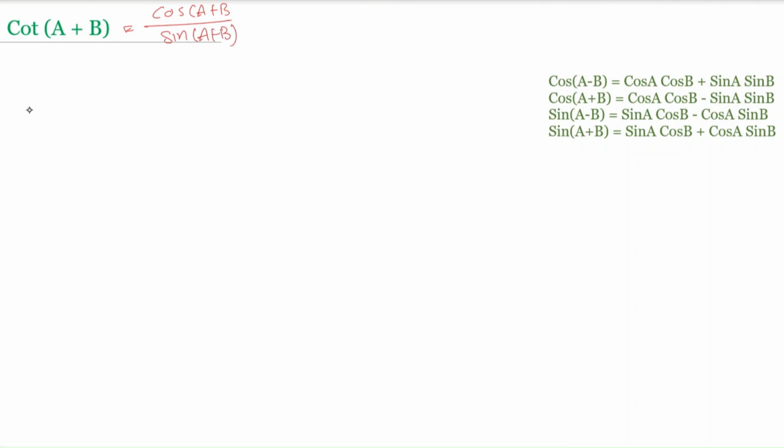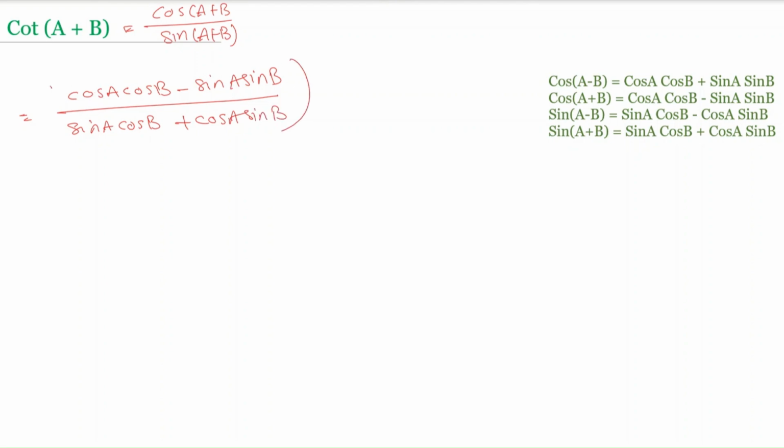Cos A plus B is nothing but cos A cos B minus sin A sin B. In the denominator, sin of A plus B is sin A cos B plus cos A sin B. Now both numerator and denominator have to be divided by sin A sin B in this step. In the previous derivation we divided with cos, and here with sin.